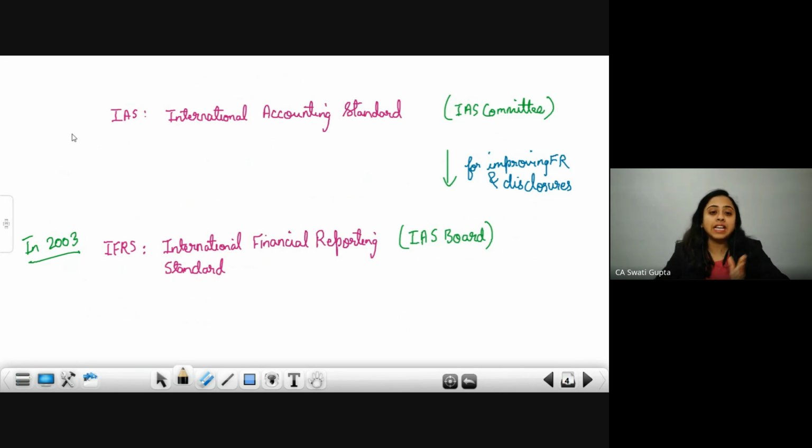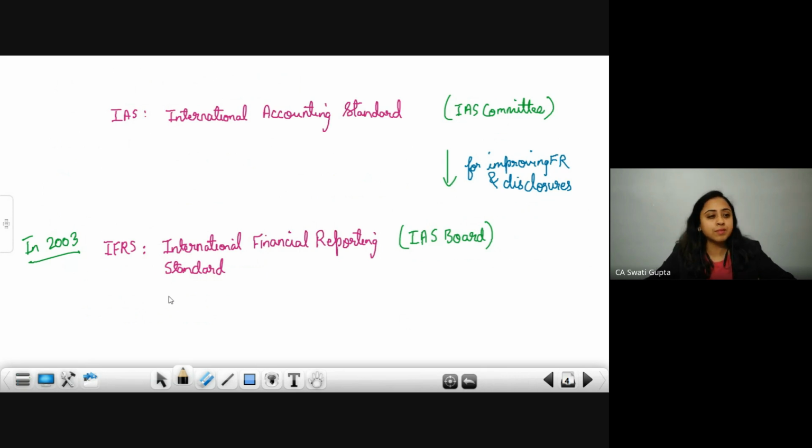On the other hand, if the standard required major changes, meaning the entire standard needed to be changed and a new perspective added, then that particular standard was removed and replaced by a new standard known as IFRS.